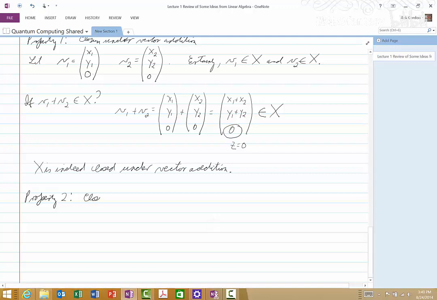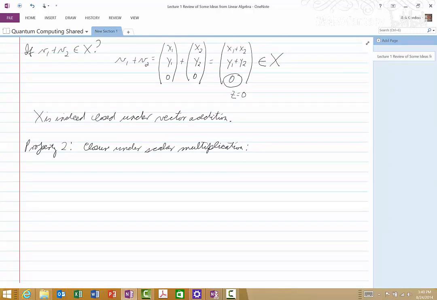So closure under scalar multiplication. Okay, and the way this will go, we'll again let V1 equal x1, y1, 0, and lambda be any scalar.